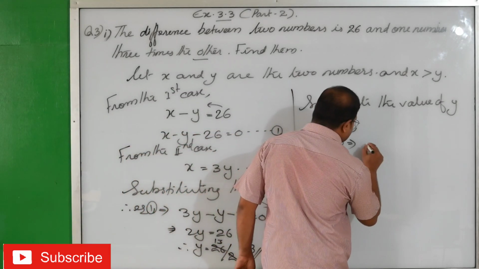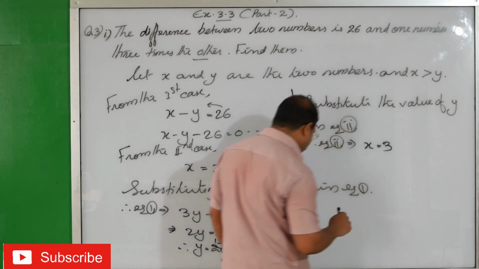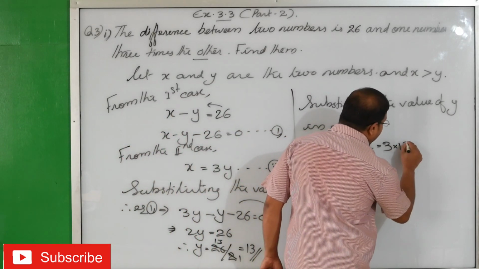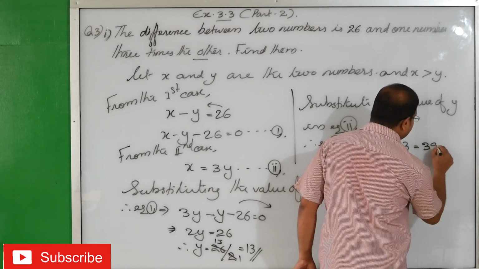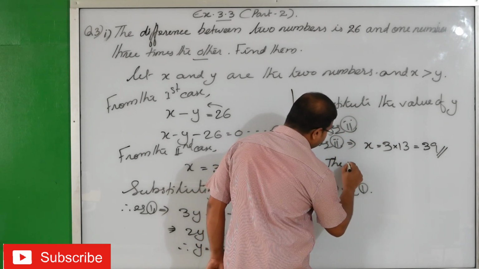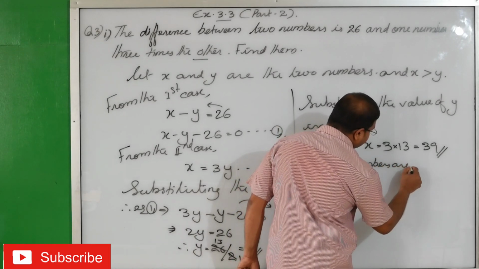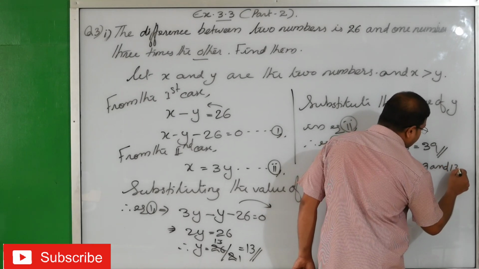In place of y, what will you write? 13 will write, isn't it? So, 3 into 13. That means 13 threes are 39. Ready? Therefore, the numbers are 39 and 13.